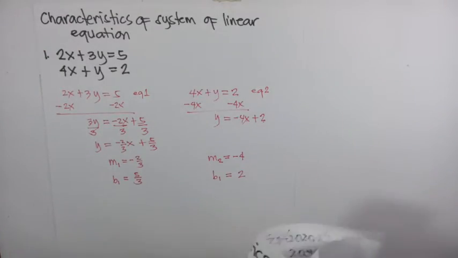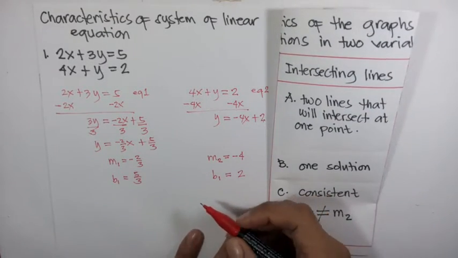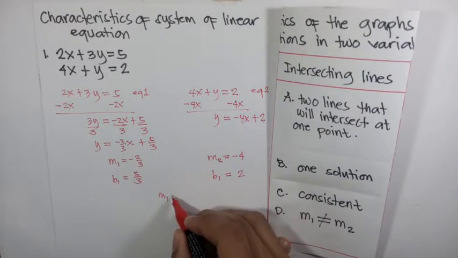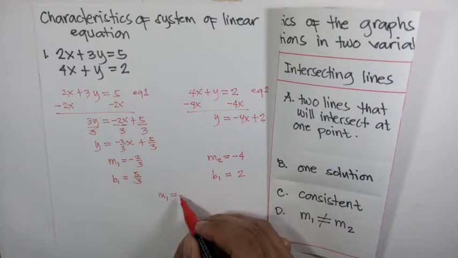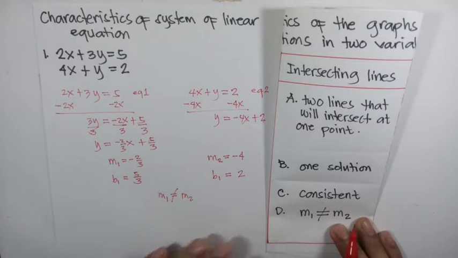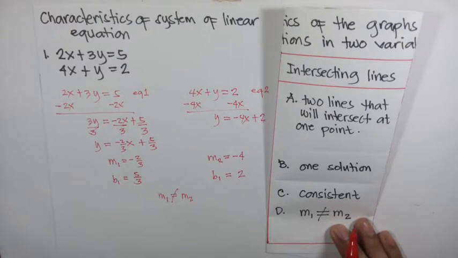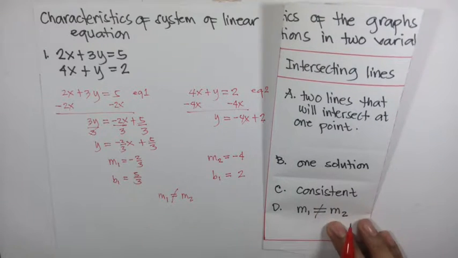Since the slope of equation 1 is not equal to the slope of equation 2, first identify the slopes, whether they are equal or not. If not equal, it is 100% intersecting lines. But if equal, it is either parallel lines or coinciding lines.